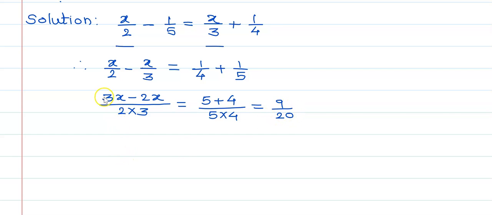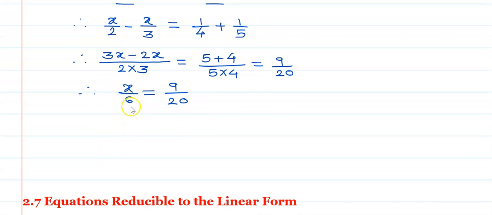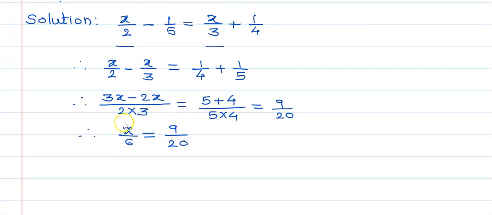Okay, 3x minus 2x, you will get x upon 6, and that's equal to 9 upon 20.